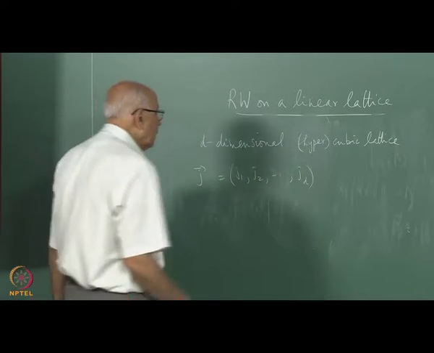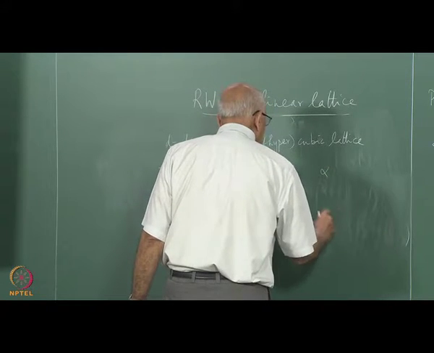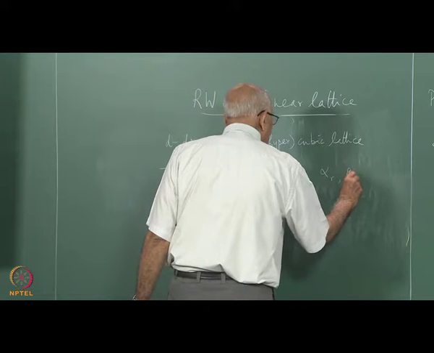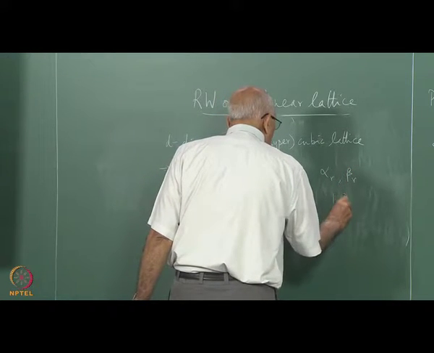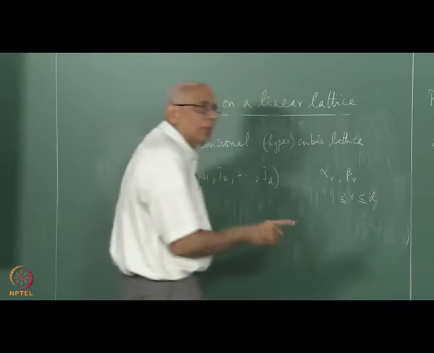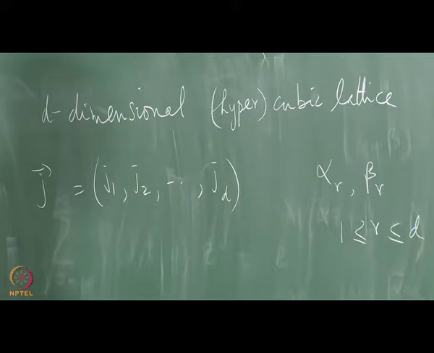So you can associate probabilities alpha r, beta r, where r runs from 1 to d, and the sum of all these alphas and betas is equal to 1, they are all positive numbers.